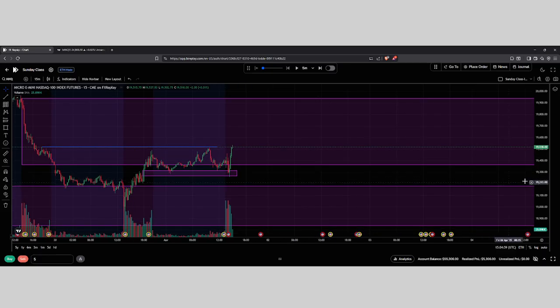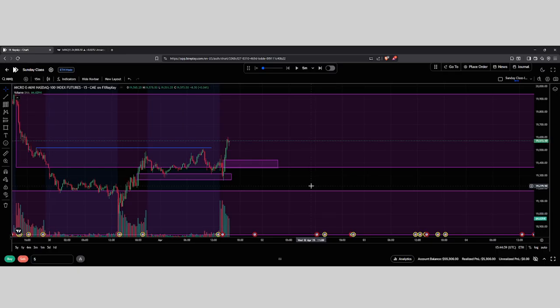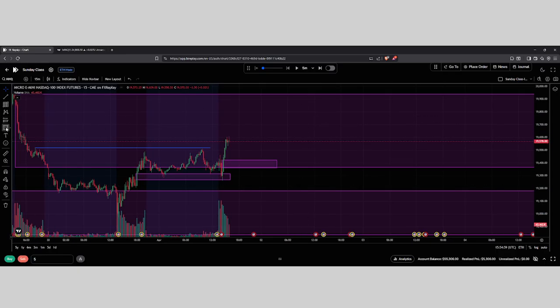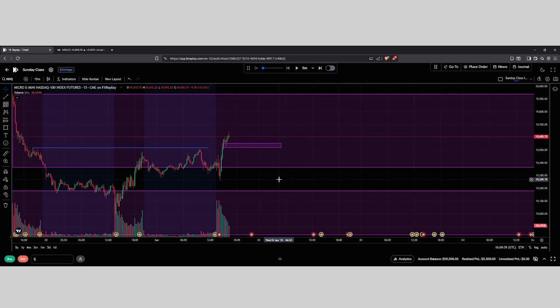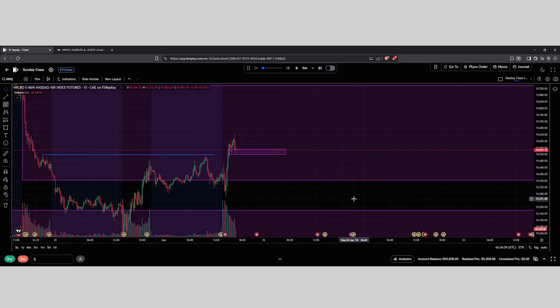Okay, so there's those highs finally taken. Some new gaps formed. So really this actually would be a prime gap to tap, is this one, for sure. Because we're digging basically right into the 50% point of this daily gap.